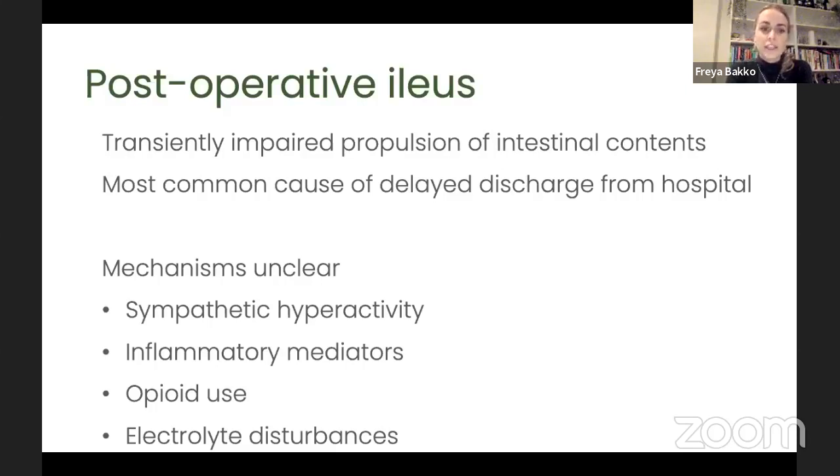Opioid use as pain relief is a strong risk factor. We know opioid use causes constipation and it can also cause paralytic ileus. And then electrolyte disturbances, especially hypokalemia, can cause ileus as well post-operatively.